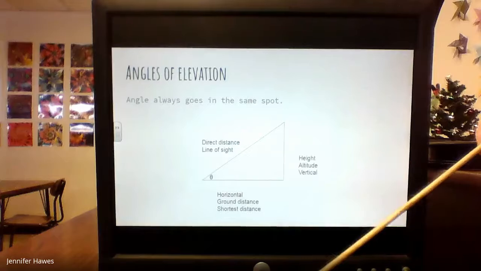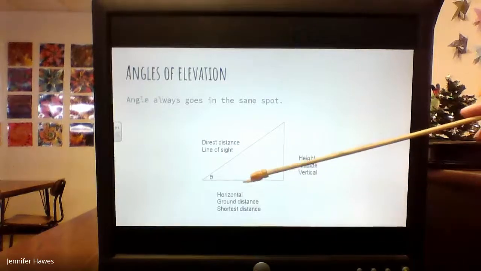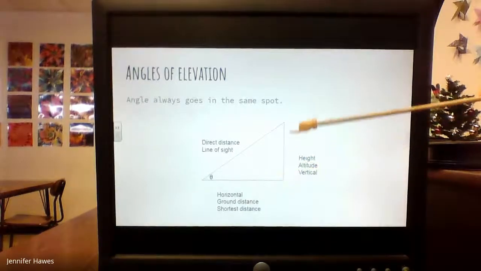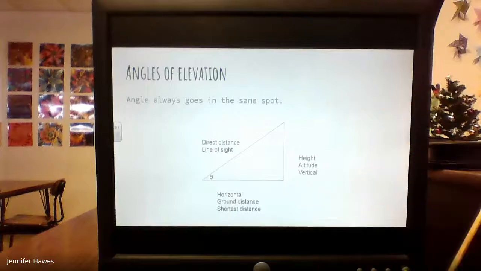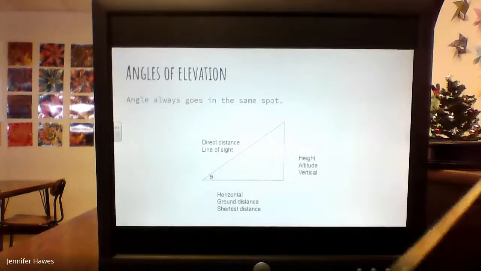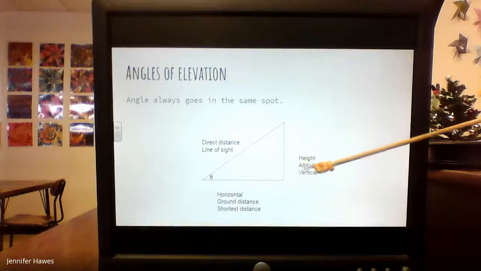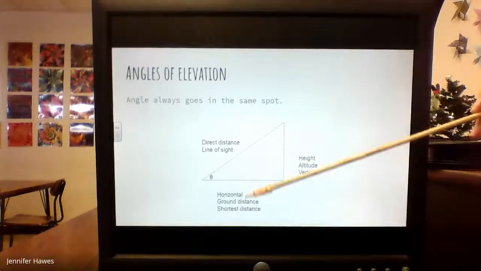So if it says, how far am I away from the building, I want this one. This one over here, it's a height. It's how tall something is. It's an altitude. They could use the word vertical. That is just some keywords.